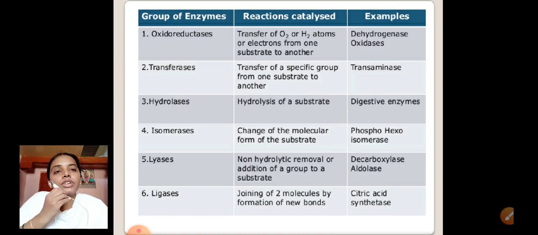Oxidoreductases are helpful for the transfer of oxygen and hydrogen atoms. Transferases transfer a specific group from one substrate to another, whereas hydrolases are helpful for hydrolysis of substrates. Isomerases change the molecular form of the substrate so that it is interconvertible. Lyases are helpful for non-hydrolytic removal or addition of a group to the substrate. Ligases are helpful for joining two molecules to form new bonds.